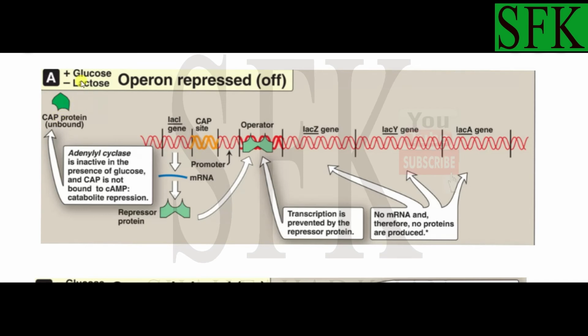But in presence of glucose, the adenyl cyclase enzyme is inactive. If it's inactive, then cyclic AMP will not be formed, because this enzyme is needed for the formation of cyclic AMP. And if it is not formed, then CAP will remain unbound and will not be able to bind to the CAP site.